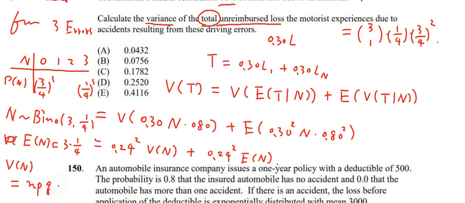So N is 3, P is 1 over 4, Q is 3 over 4. Okay, so here we need to know the distribution for those things. So you can apply the formula and get to the solution quickly.